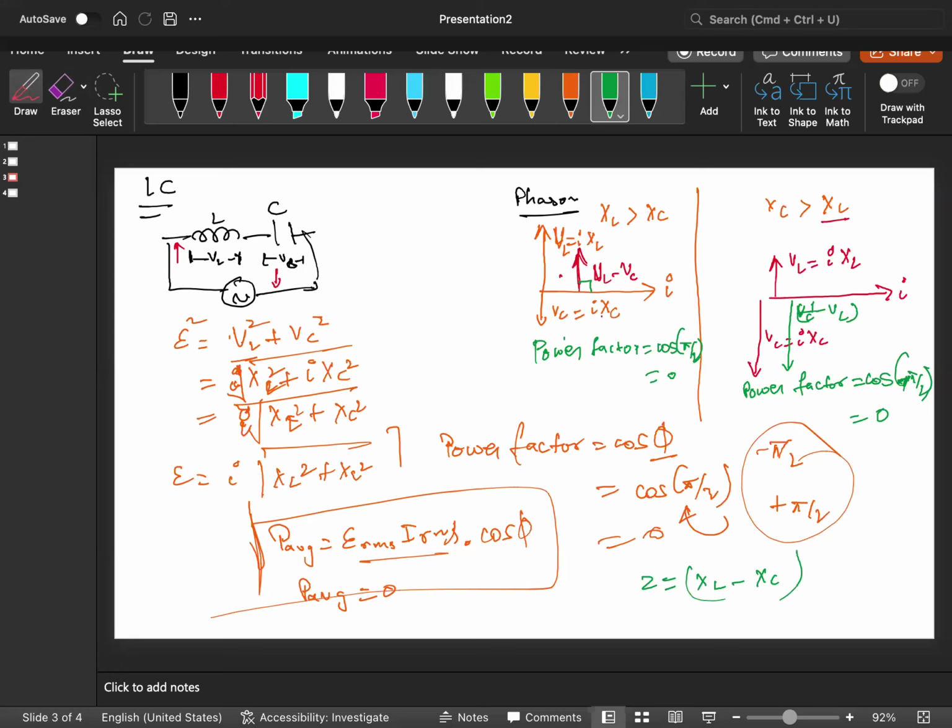Because if XL is greater, then you will have IXL minus IXC, the current will cancel by dividing. If XC is greater, then the net voltage will come out as VC minus VL, so it will be IXC minus IXL, resulting in XC minus XL. So it's better to call it the mod of XL minus XC. Clear, Kirtna?